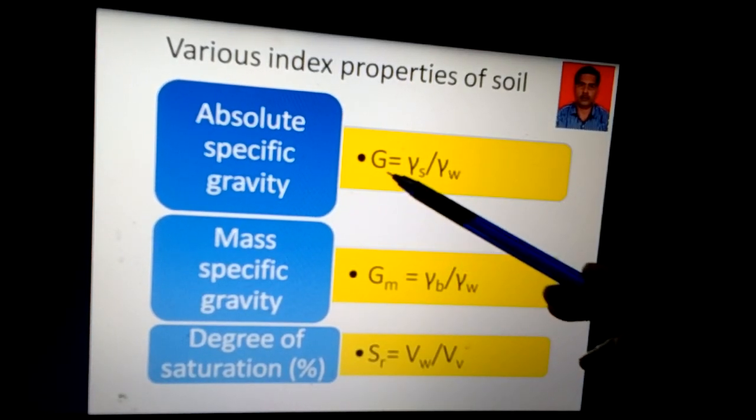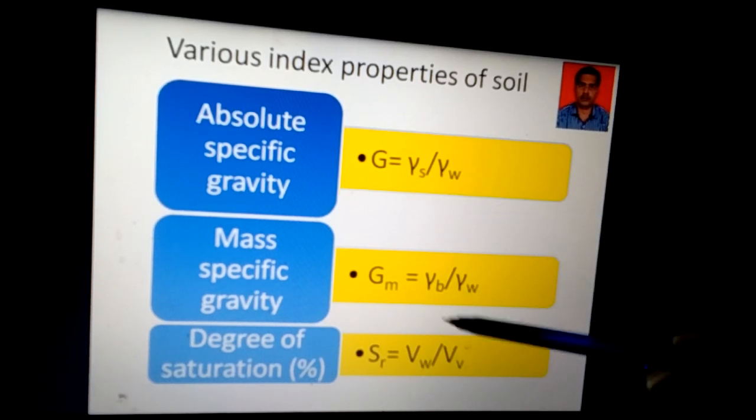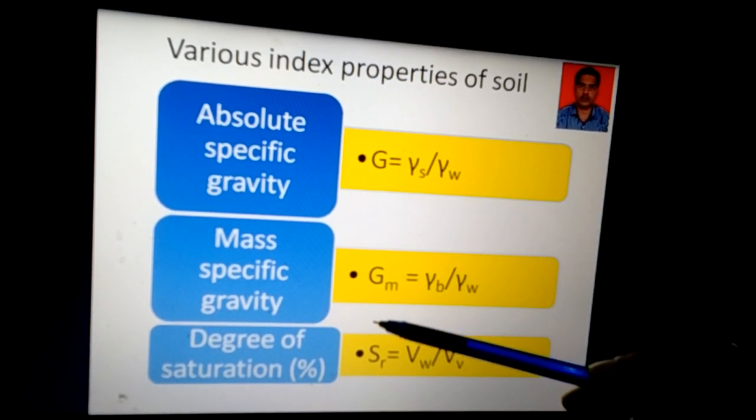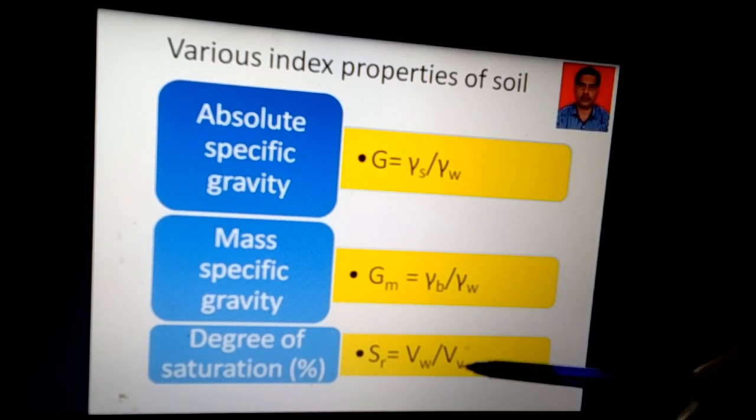Absolute specific gravity capital G, ratio of density of solids and density of water. Mass specific gravity Gm, ratio of bulk density of soil divided by density of water.